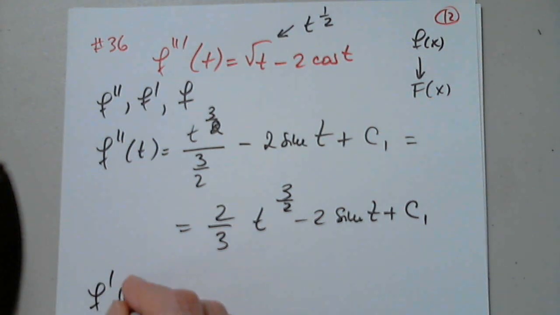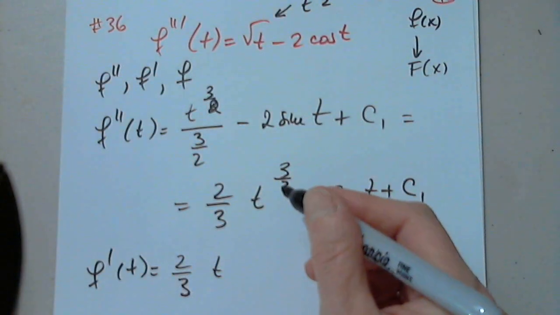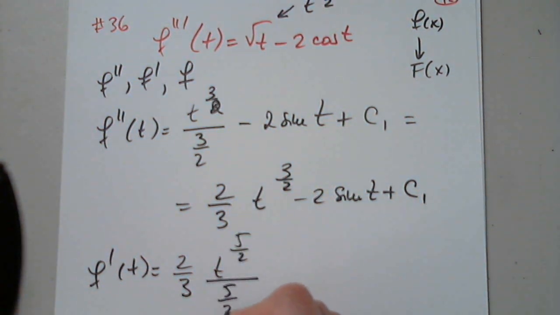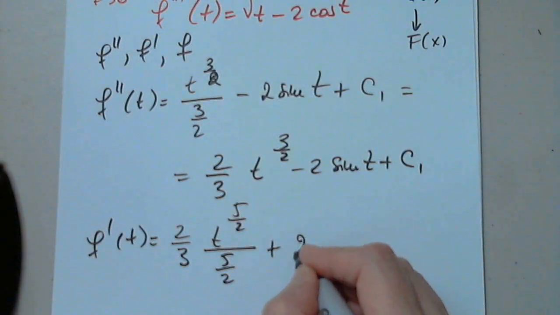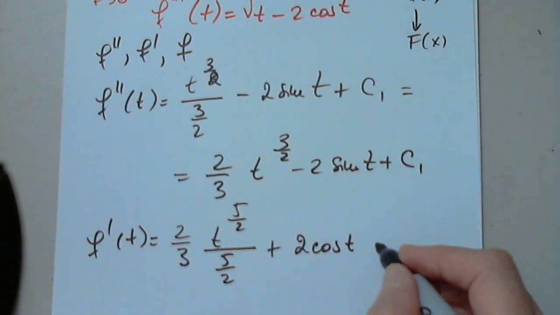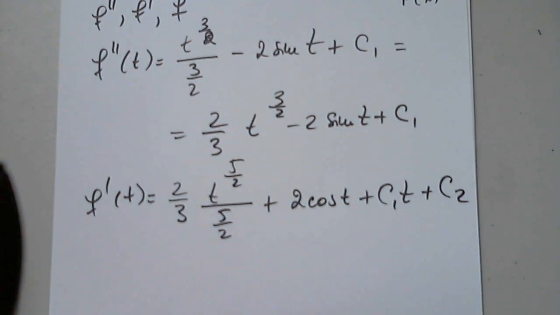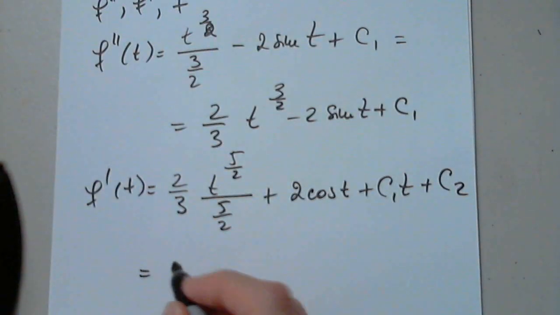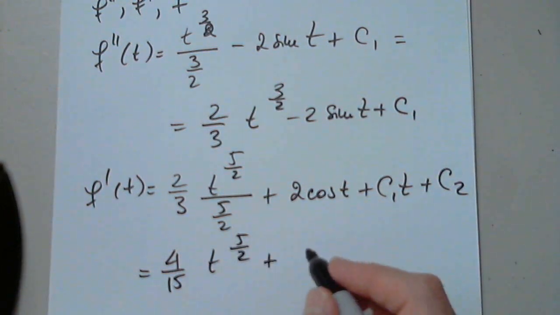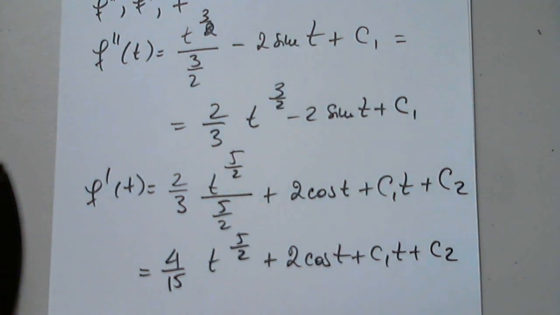Now we want to find f prime of t. So we have 2/3 t to 3/2 plus 1, which is 5/2, of course divided by 5/2, plus 2 cosine t, because 2 cosine t prime is negative 2 sine t, plus c1t plus c2. Flip. So we have 4/15 t to 5/2 plus 2 cosine t plus c1t plus c2.